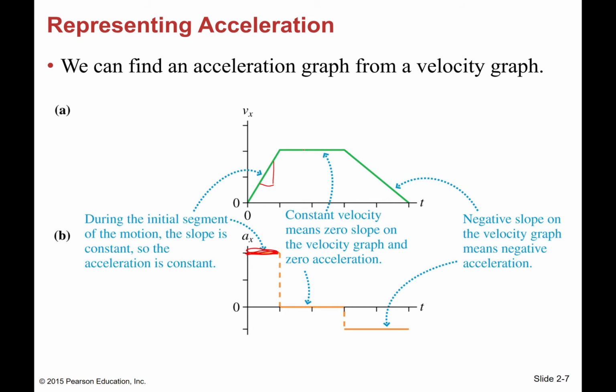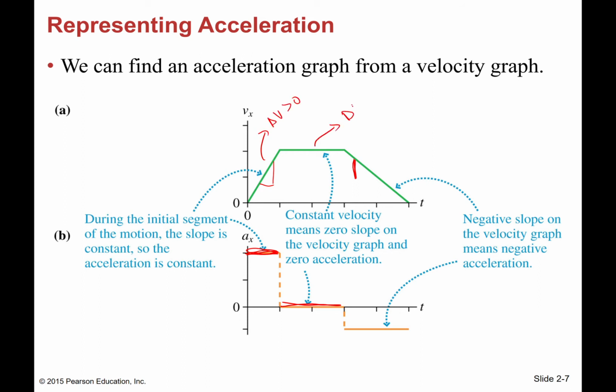On this segment here, the velocity is not changing. This is constant velocity. So the acceleration is 0. So this is the acceleration on that segment. Finally, on this segment here, the velocity is decreasing. Delta V is negative. So here, delta V is positive.